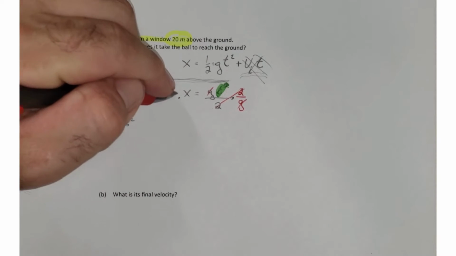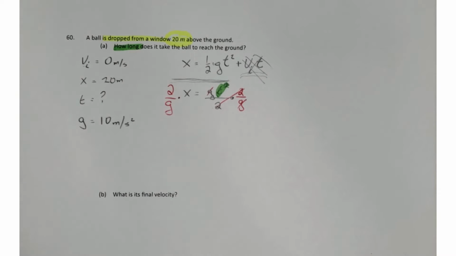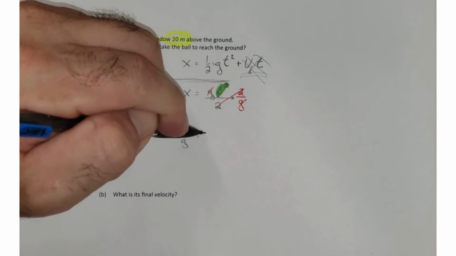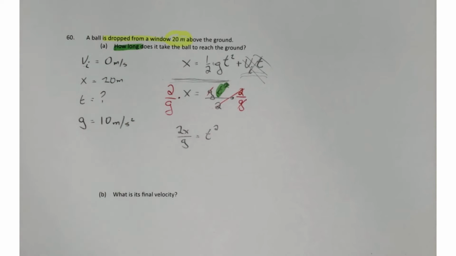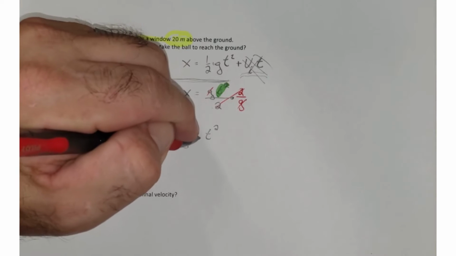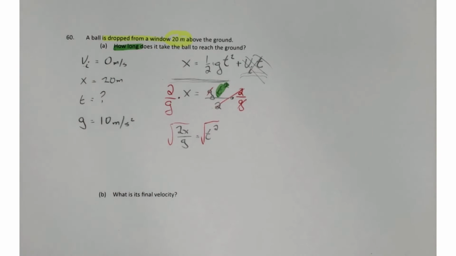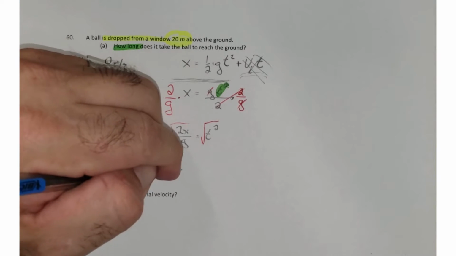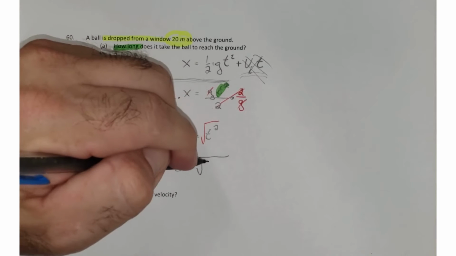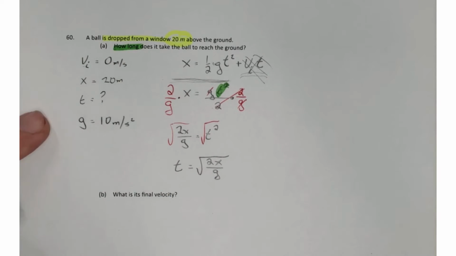But whatever we do to one side, we do to the other, so we multiply by 2 over g and we get 2x over g equals t squared. Now to get t by itself, we have to get rid of that exponent, so we take the square root of the right side and the square root of the left, and we get t equals the square root of 2x over g.